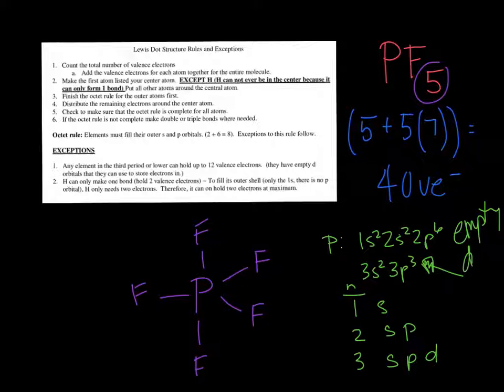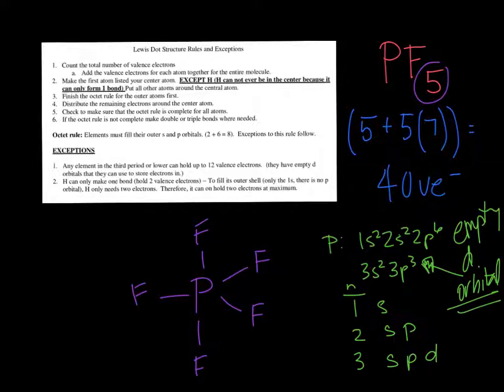Because of that, it can use the empty d orbitals to store electrons in, and so they can actually use it to bond if they need to. And so that's what's going on here. So as long as it's in the 3rd period of the periodic table or lower, it can hold up to 12 valence electrons. Some of them can hold even more, but you won't see any of those in my class.